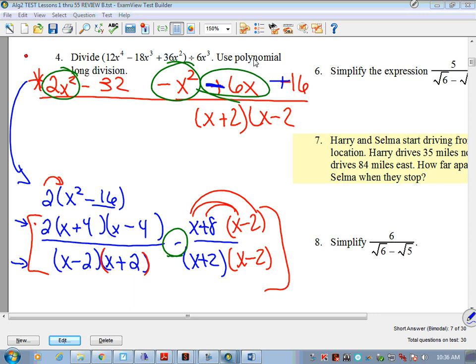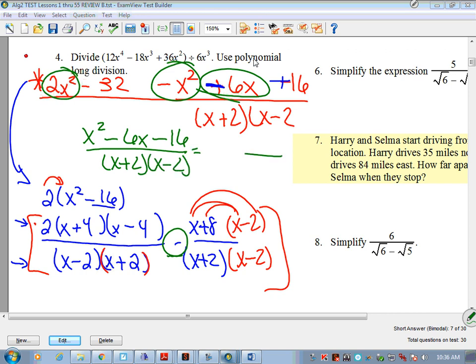Okay, so we still wind up with x squared, but it's negative 6x, and it's negative 32 plus 16, which is going to be negative 16. Okay? Now, keeping in mind our denominator is still x plus 2, x minus 2.